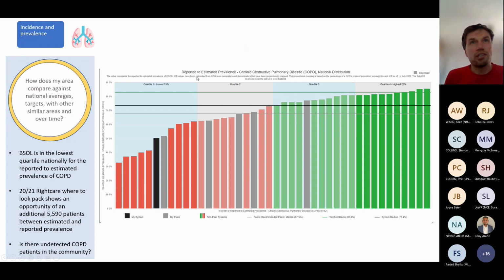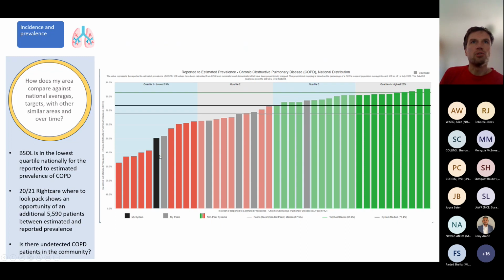Then looking at reported to estimated prevalence. We've talked about the population in terms of wider determinants, and now we're looking at how many people in the population have respiratory conditions.